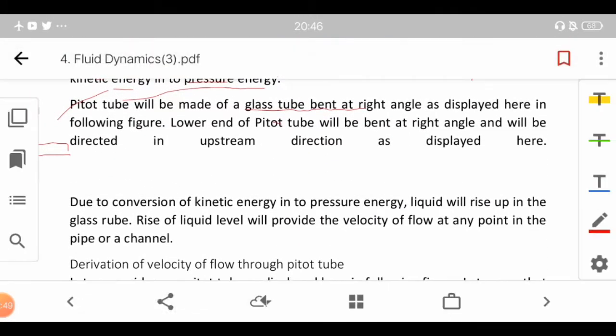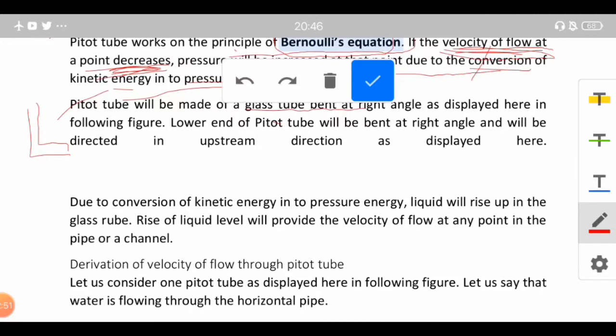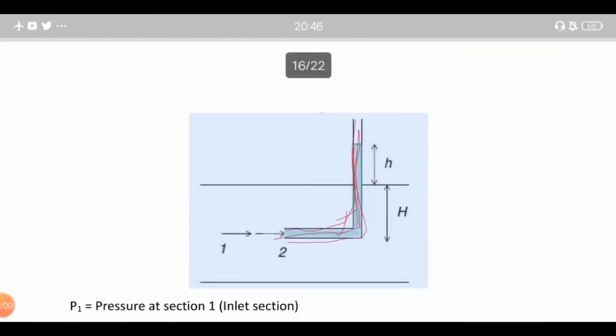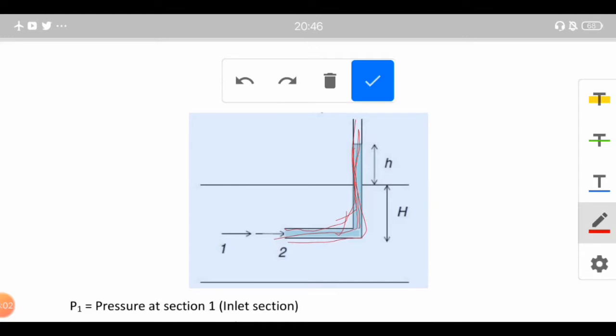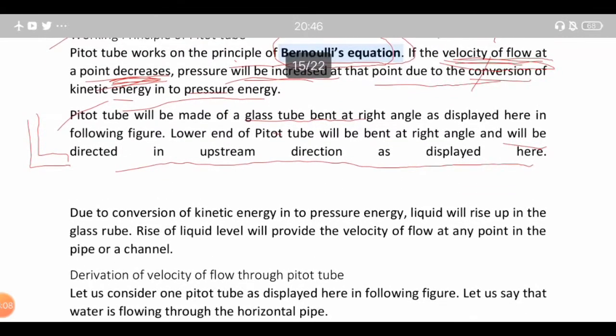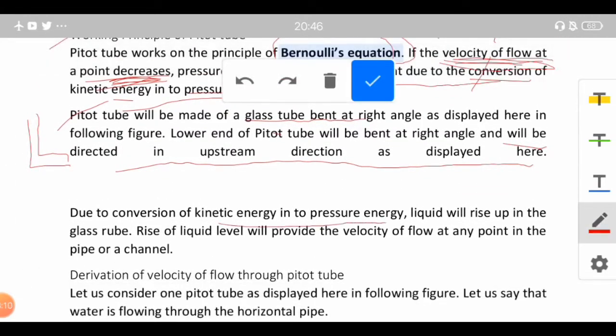It will be directed in the upstream direction, facing the flow of the liquid, and due to the conversion of kinetic energy into pressure energy, the liquid will rise up.